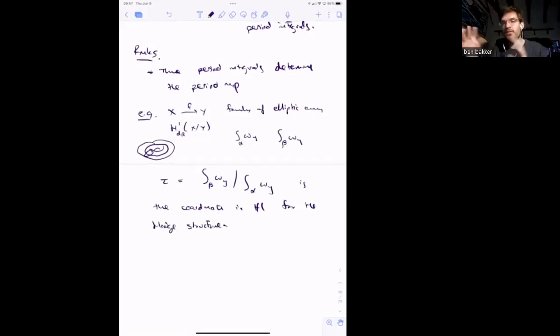The period map is a particular way of packaging the information of the period integrals, which is not lossless. By taking that ratio, we're controlling for the fact that there's some choice in this form omega, but the period integrals contain strictly more information.